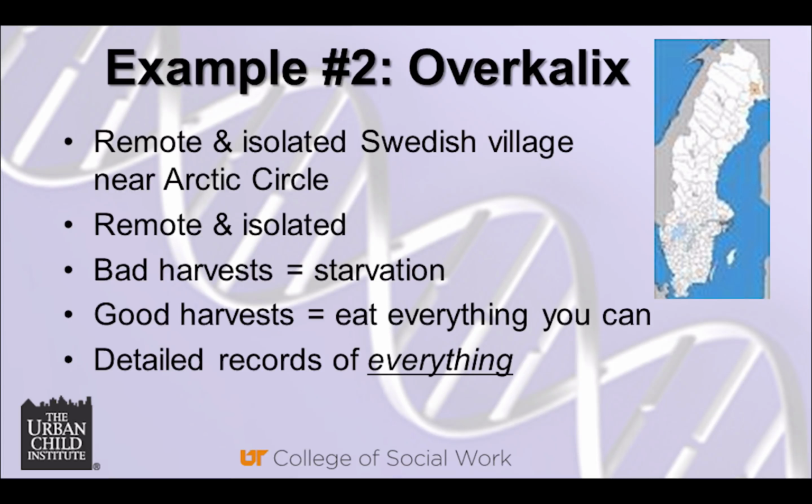It is fortunate for us that these people also kept very extensive records of their harvests, births and deaths, causes of deaths, time of death. And a few years ago, some scientists realized that they might be able to learn something about intergenerational effects by looking at those records.